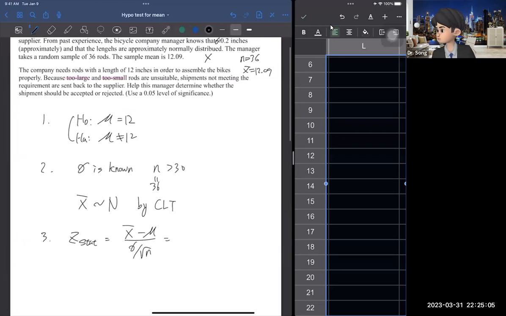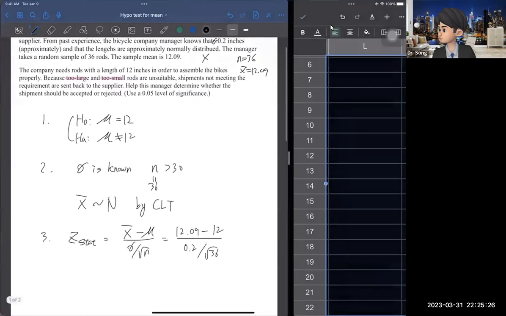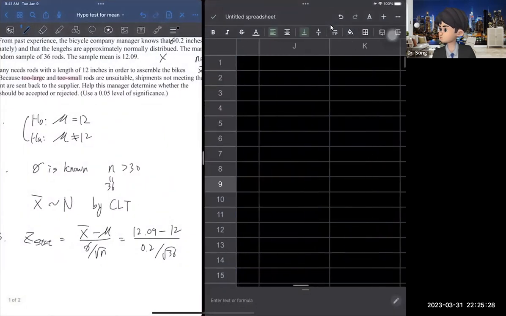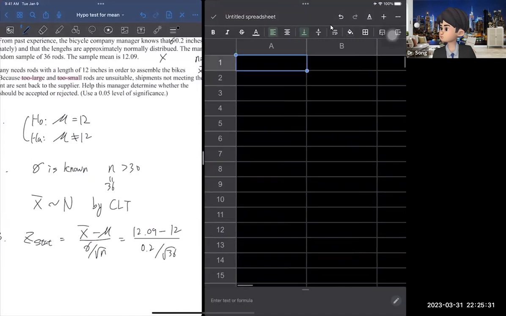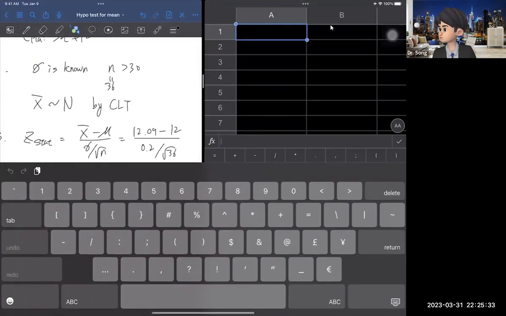Take a look. The sample mean is 12.09, and the population mean, which comes from the null hypothesis, is 12, divided by the standard error. Sigma is known as 0.2, and the sample size n equals 36, which is why here is the square root of 36. Then let me calculate with Excel. The numerator is just 0.09 because 12.09 minus 12 is 0.09.